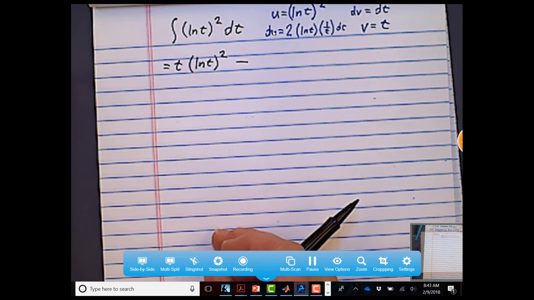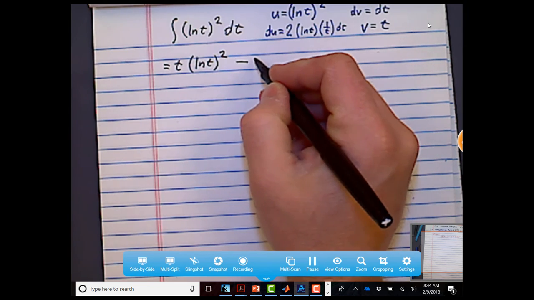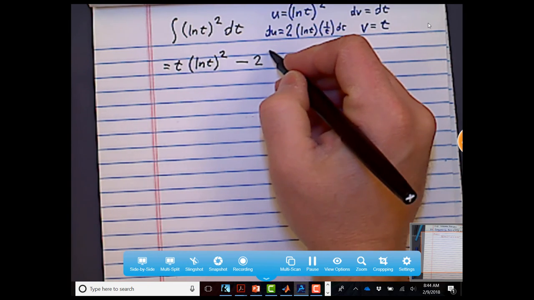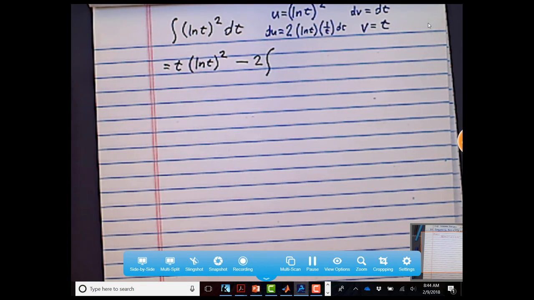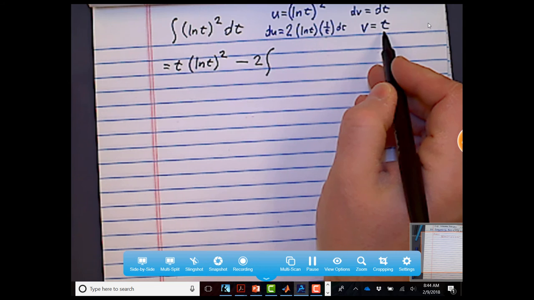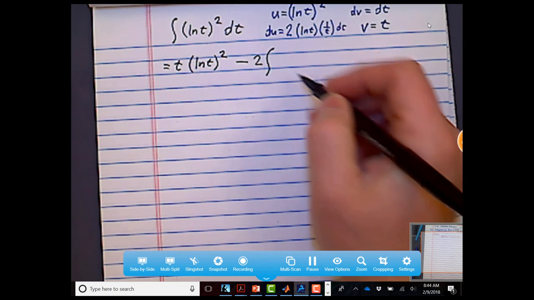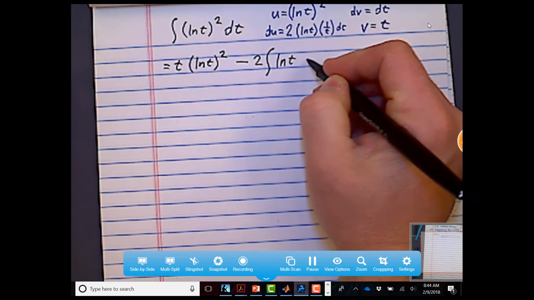What happens when you write down the integral of v du? Well, you get a 2, I'll bring that out front, times the integral of just natural log of t. Yeah, the 1 over t cancels with the t there. So it's just the natural log of t dt.